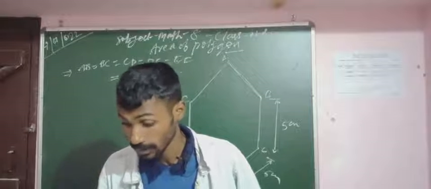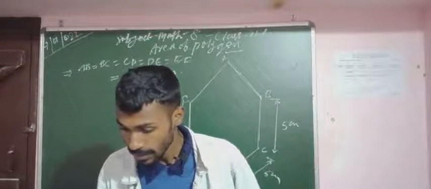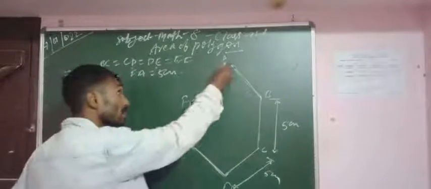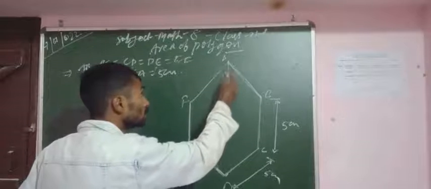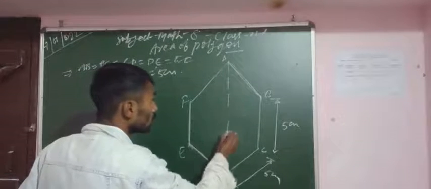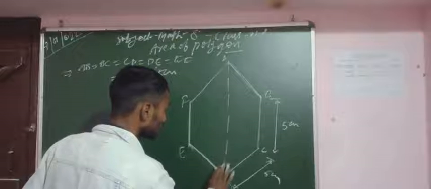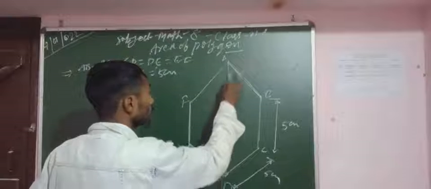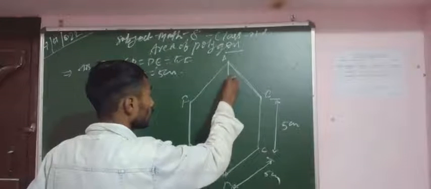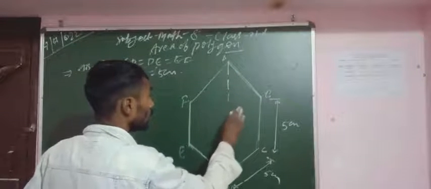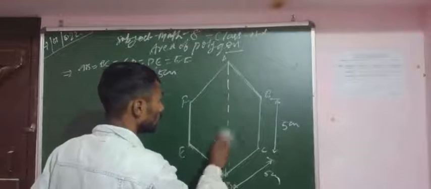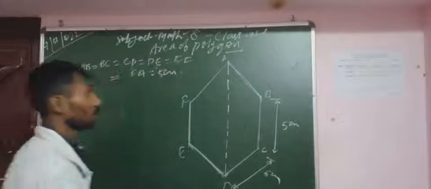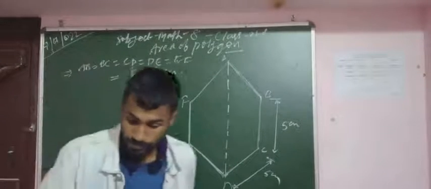Find the area of the hexagon A, B, C, D, E, F in which each side measures 5 centimeter, height BE. So this is the height of the polygon.